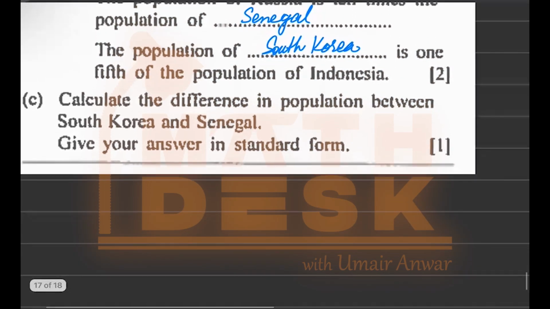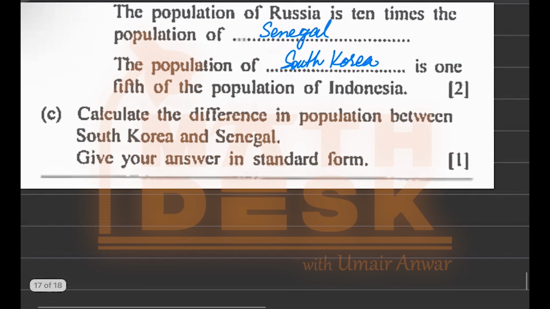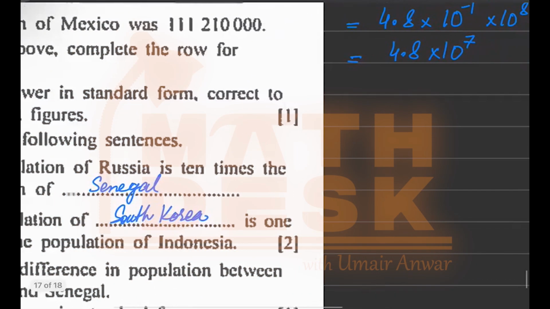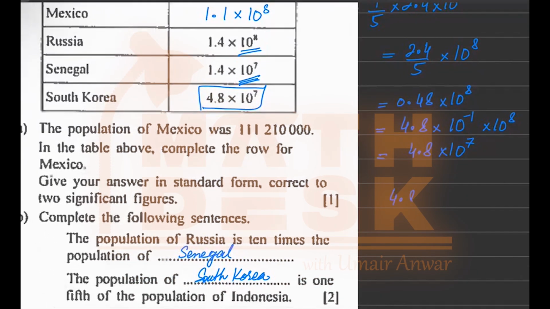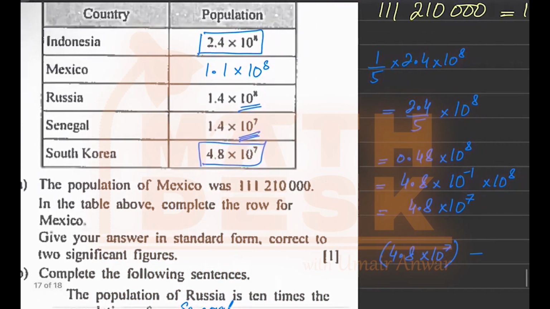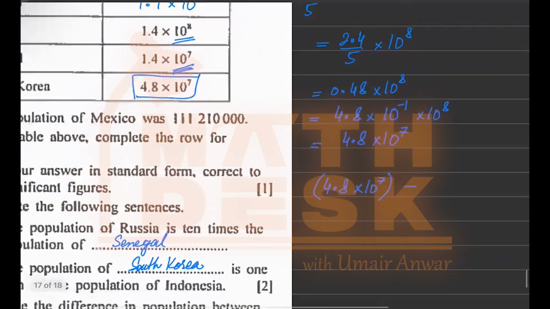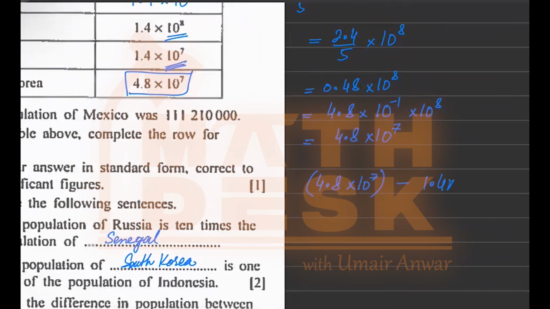Calculate the difference in population of South Korea and Senegal. Now, the population of South Korea is 4.8 into 10 raised to 7. We need to find its difference with the Senegal, which is 1.4 into 10 raised to 7.